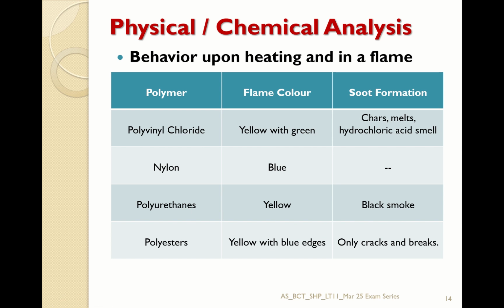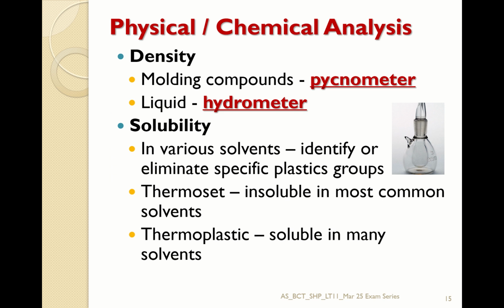If you do not know what it is, then you check for density. You can either use a hydrometer or pycnometer. Hydrometer, I believe you should already have learned this in analytical chemistry. Solubility is a good way to distinguish between thermosets and thermoplastics.